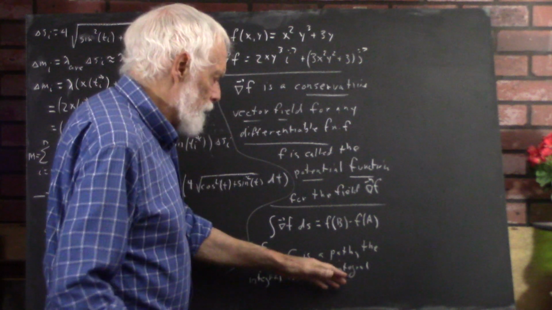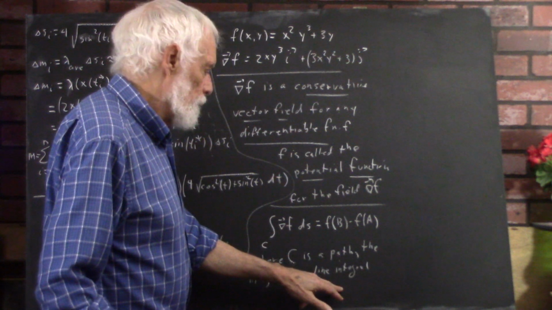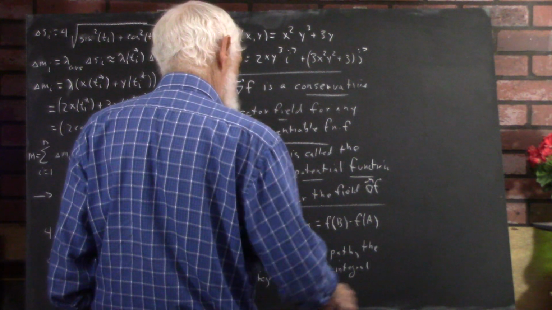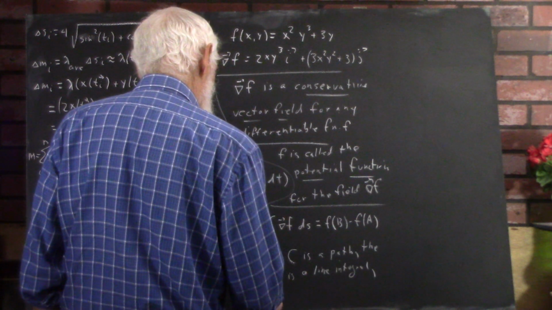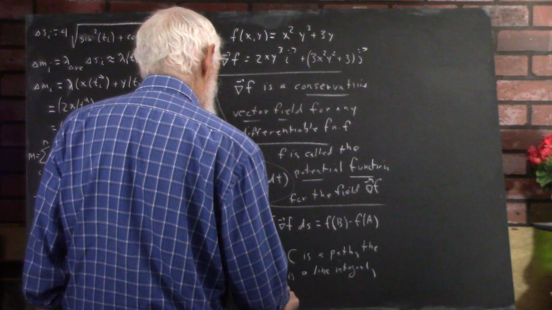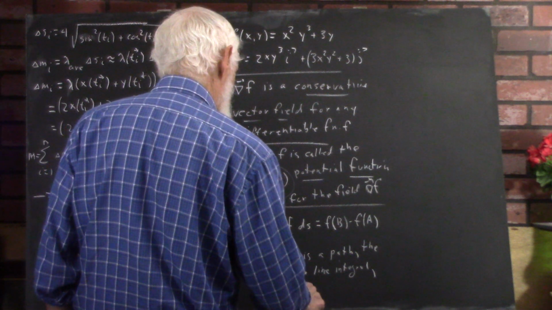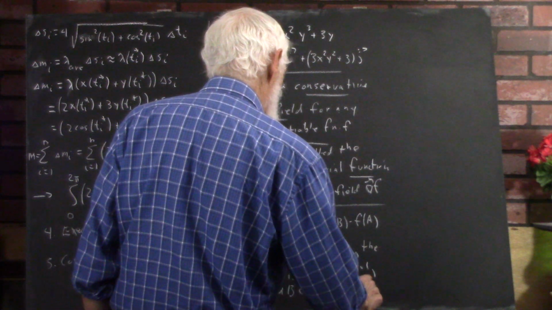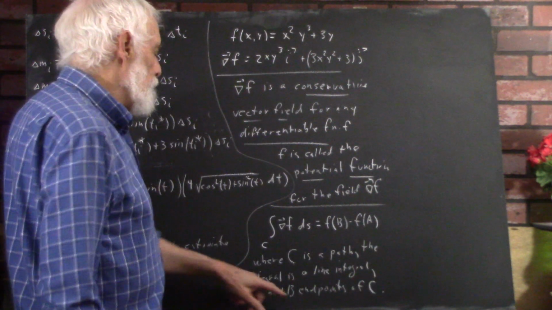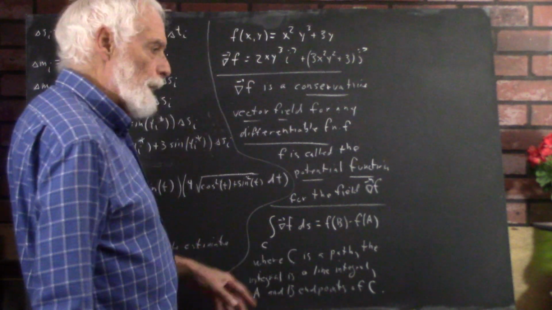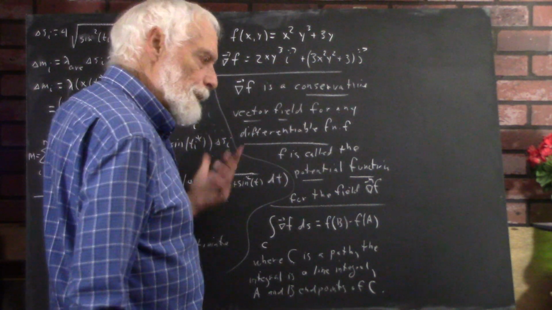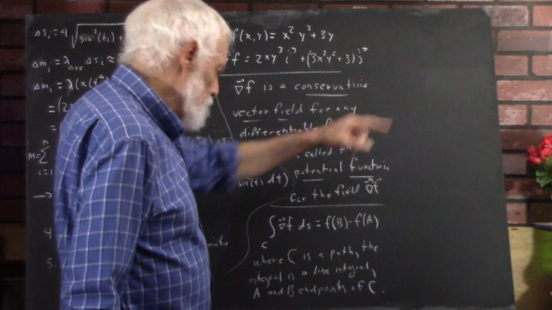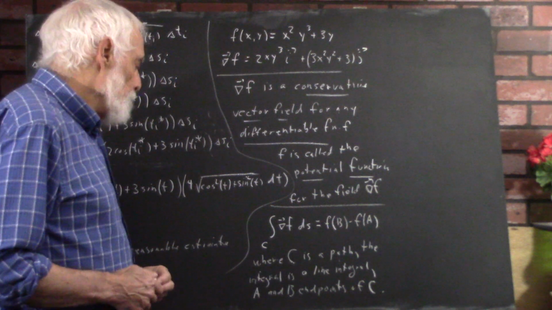You can work the conditions here, and they make perfect sense if you understand the concepts. Okay, so the integral is a line integral, and A and B are the endpoints of your curve C, of your path C. You say curve, we use C because it stands for curve, and your path is typically a curve, but it could be a bunch of straight line segments, and you'll see integrals of that nature.